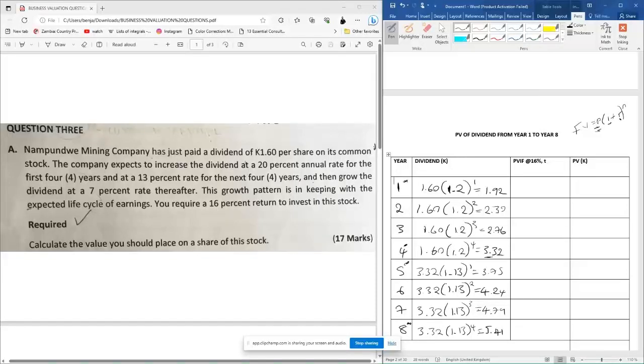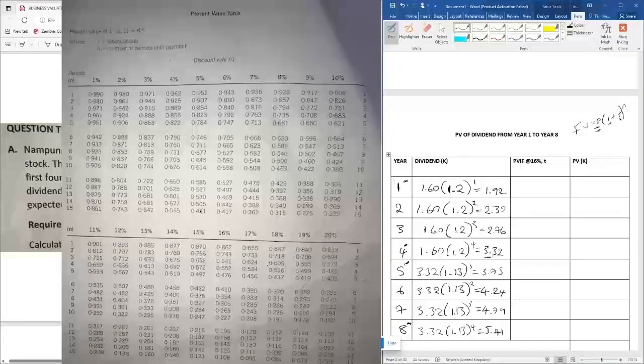But at what rate? Remember that our cost of capital is 16%. We're not going to use our growth rates. We're going to use our rate of return here. You require a 16% return on investment. So we're going to use our 16% rate of return to discount these dividends back to our present time.